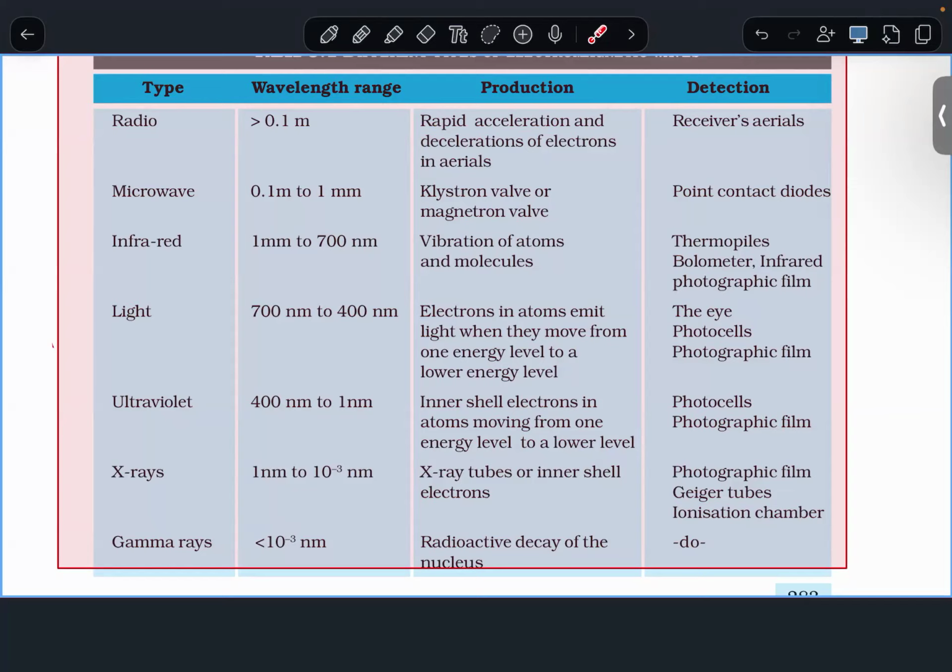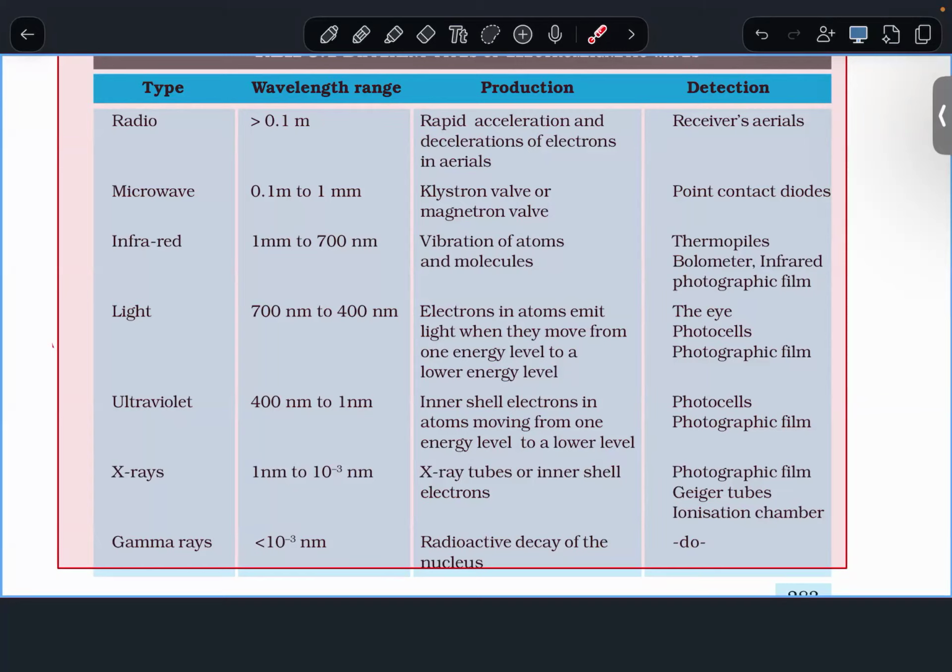Infrared: vibrations of atoms and molecules; detection by thermopile, bolometer, infrared photographic film. Light: electrons in atoms emit light when they move from one energy level to a lower energy level; detection by eye, photocells, photographic film.